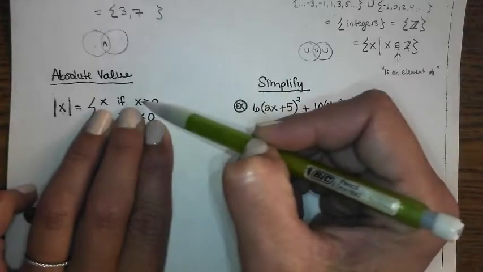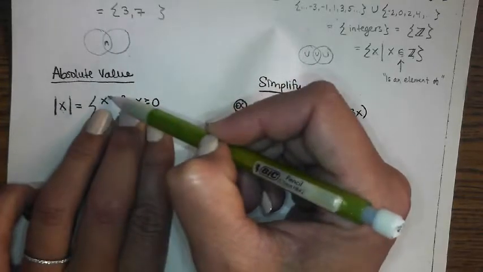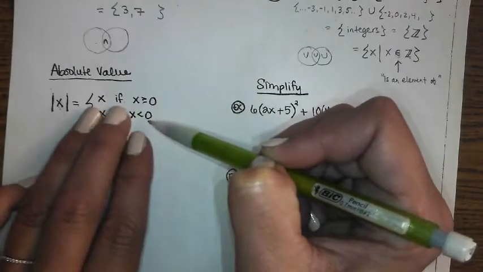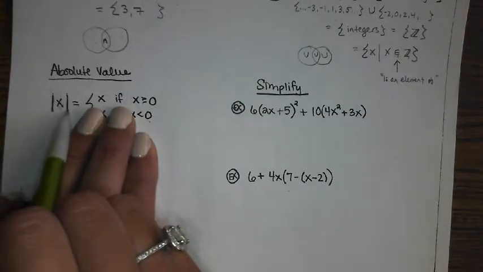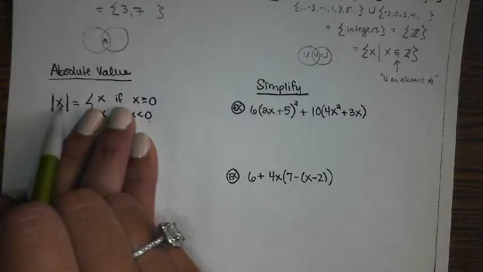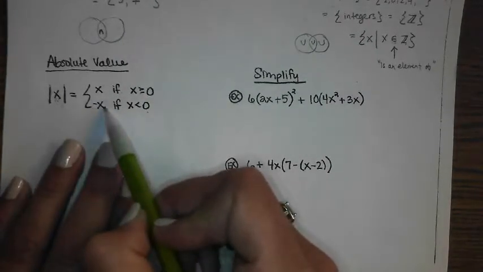Right? So if x is greater than or equal to 0, the absolute value of x equals x. But if x is less than 0, aka a negative number, then take a number like -5, the absolute value of -5 is the opposite of what it is.